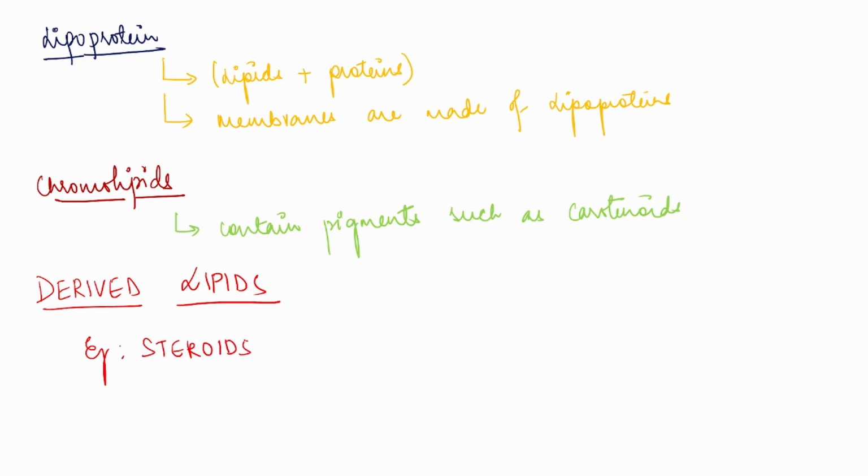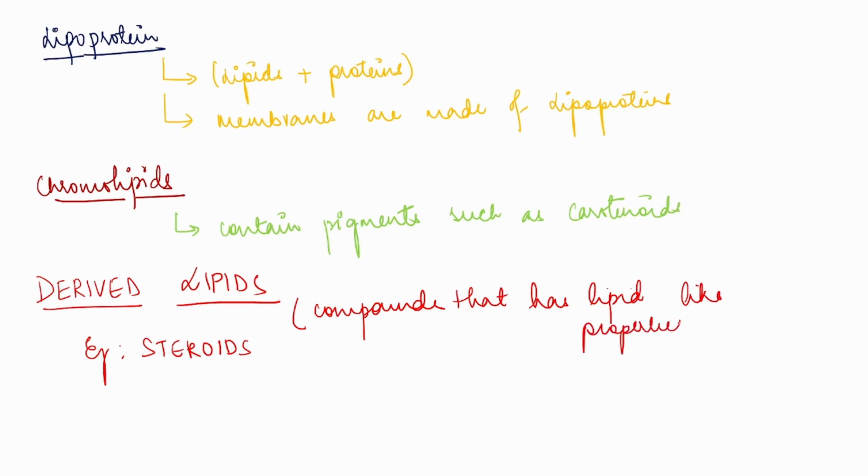They are not lipids, they are compounds that have lipid-like properties, and we call them derived lipids, right? Steroids do not contain fatty acids but are included in the lipids because they have fat-like properties, right?